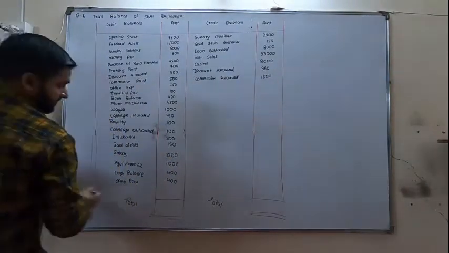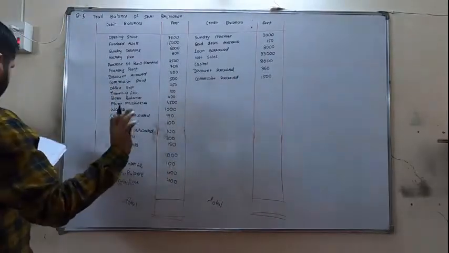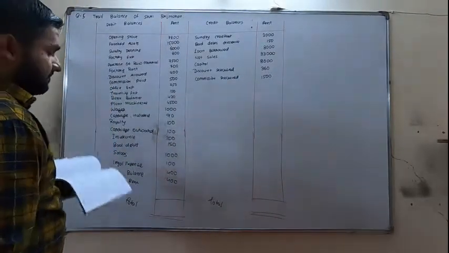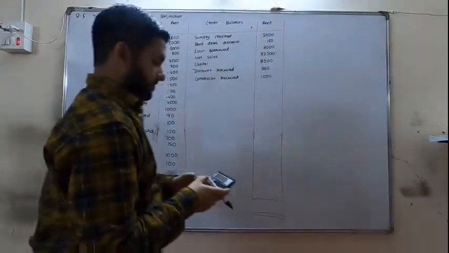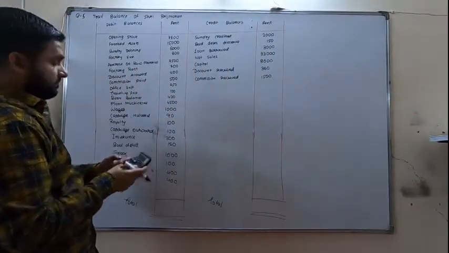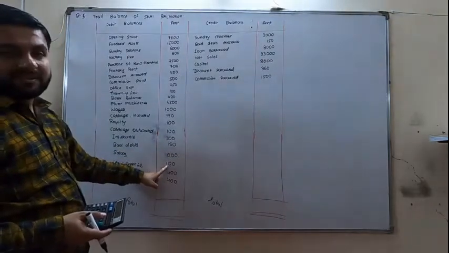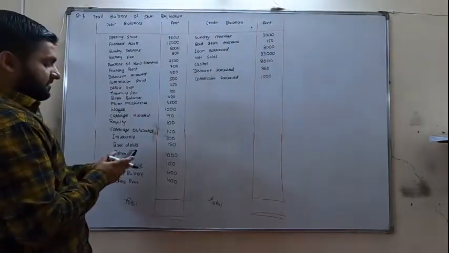Okay, by mistake legal expense is 100, but I wrote 1000. So now it's done.